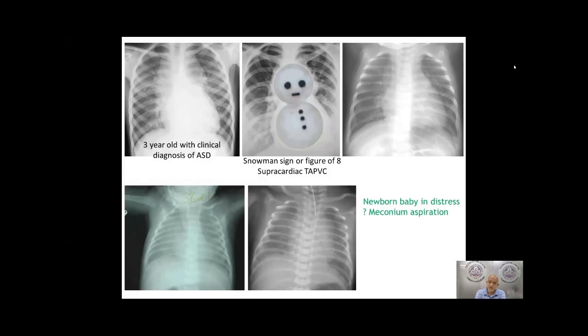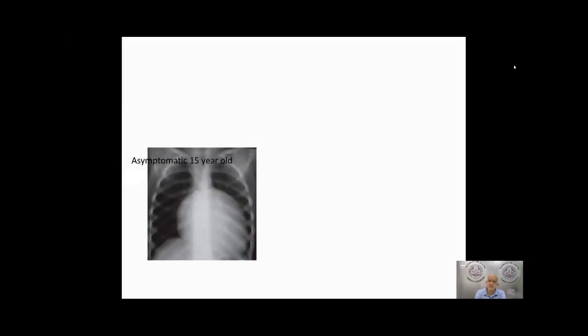If I know the child is a term baby, and is in heart failure and distressed and requires ventilation, and there is no murmur, then a ground glass appearance in a term baby would make me strongly suspect infradiaphragmatic TAPVC. On the other hand, if it is a preterm baby, I cannot rule out meconium aspiration or hyaline membrane disease, which will always remain a possibility. But in a term baby, I would suspect very strongly obstructed TAPVC.